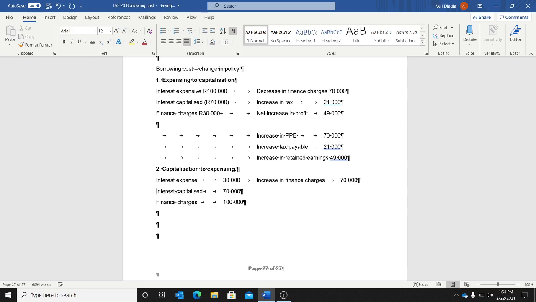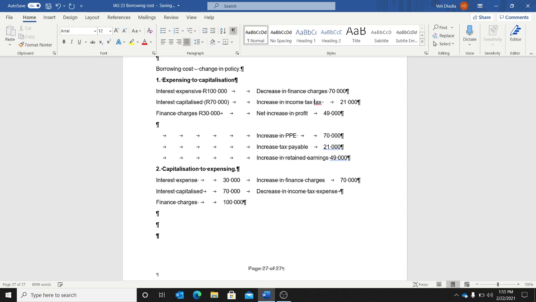Then followed by, if you increase expenses, the profit decreases. If the profit decreases, the tax will decrease. A decrease in tax, it's income tax expense. Let me just say so. It's a decrease in income tax expense. It's the same thing even at the top, so that people can understand that here we are talking about the income statement.